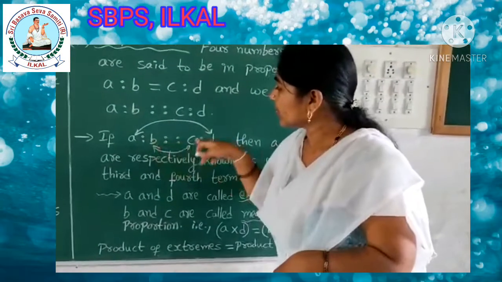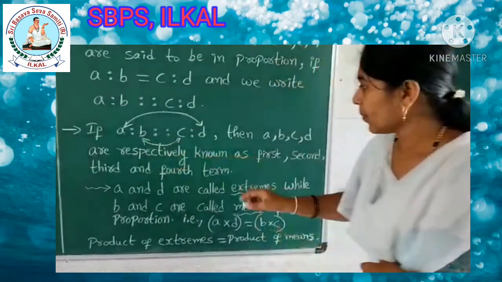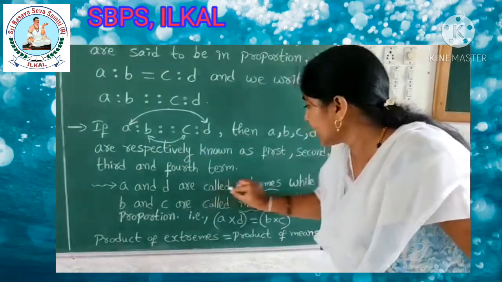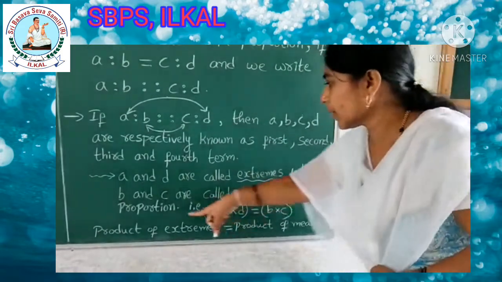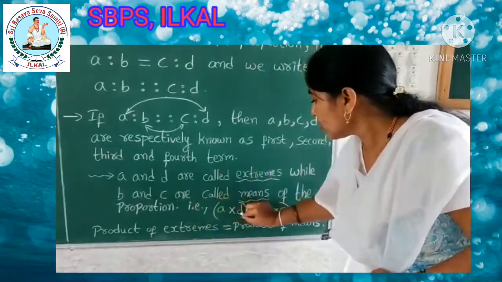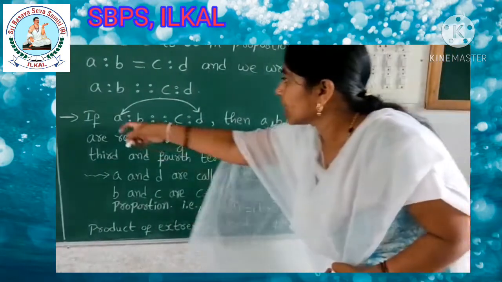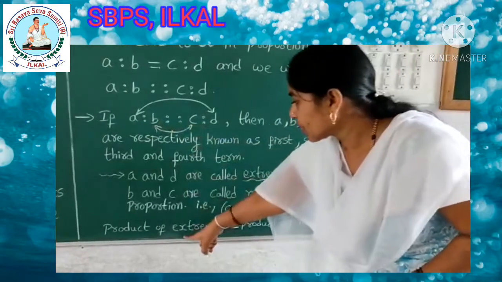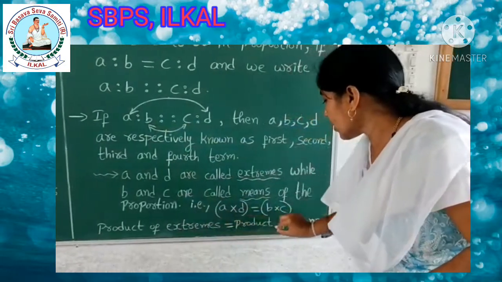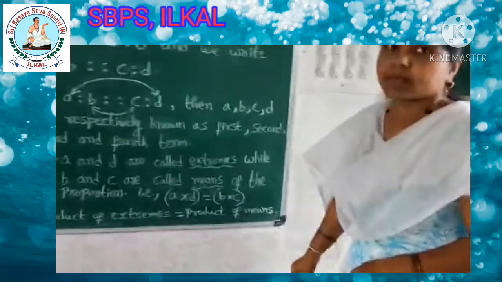We can call B and C as means. A and D are called extremes, while B and C are called means of the proportion. That is, A into D is equal to B into C. A into D is equal to B into C. Product of extremes is equal to product of means.